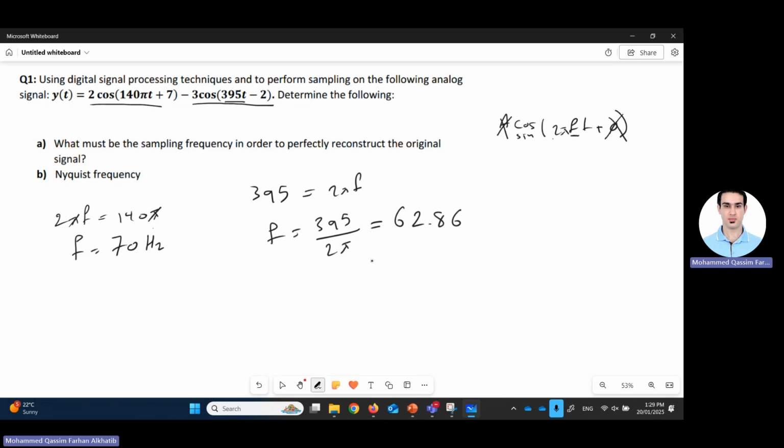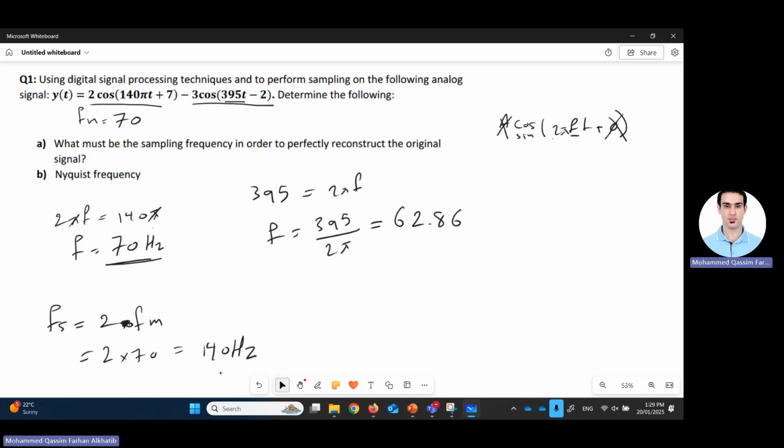62.86. So basically, this one has the maximum frequency, FM. In this signal, FM equals 70. So to have a proper sampling frequency, Fs equals 2 FM, which is 2 times 70, 140 hertz.